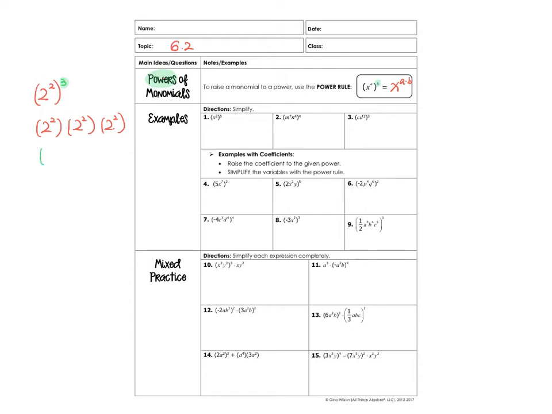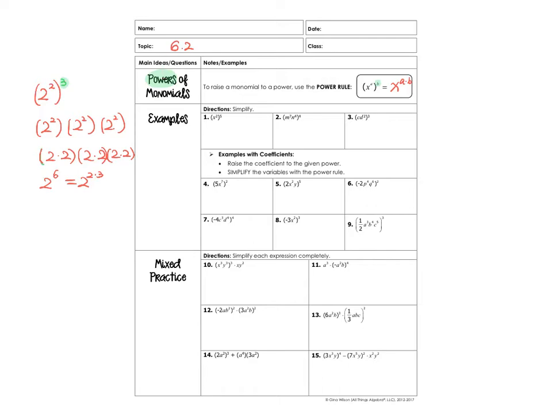Then let me change the color. I know that 2 squared is 2 times 2, and here's 2 times 2, and here's 2 times 2. 1, 2, 3, 4, 5, 6 is 2 raised to the 6. Isn't that the same as 2 raised to 2 times 3? That's how I get that.